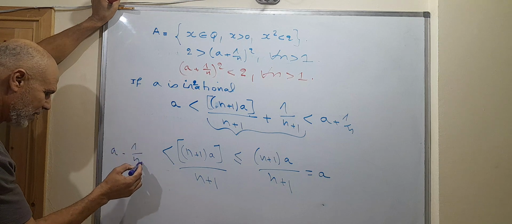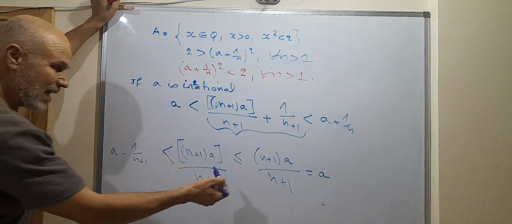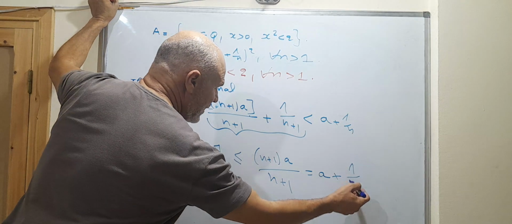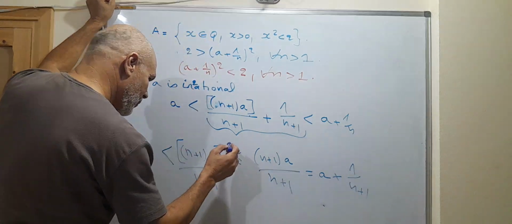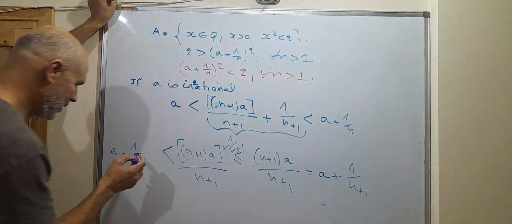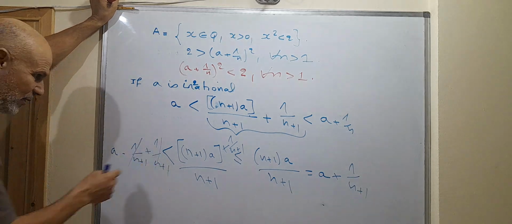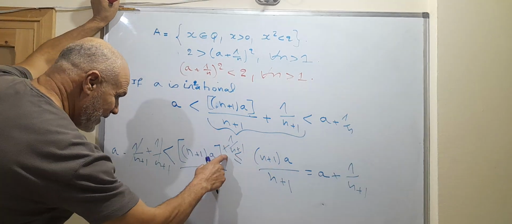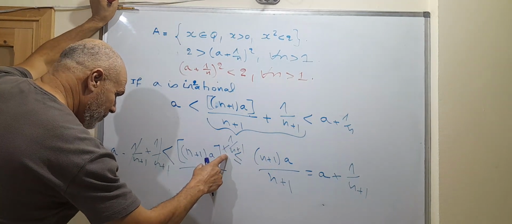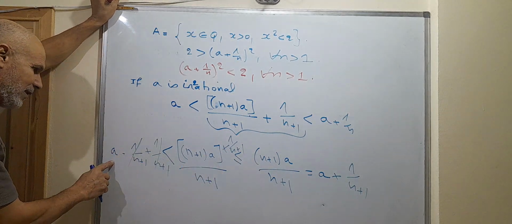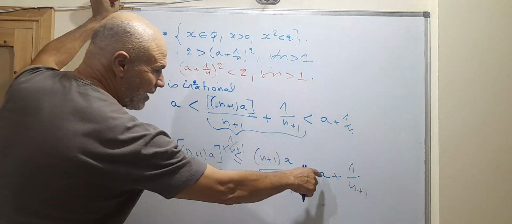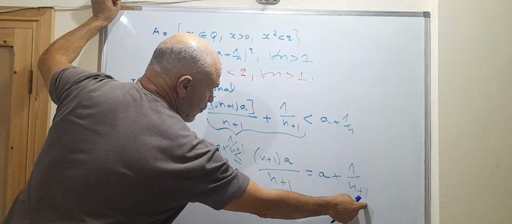If we add 1 over n plus 1 here and 1 over n plus 1 here, we cancel this one and we will have this rational number which is greater than a and less than a plus 1 over n plus 1.